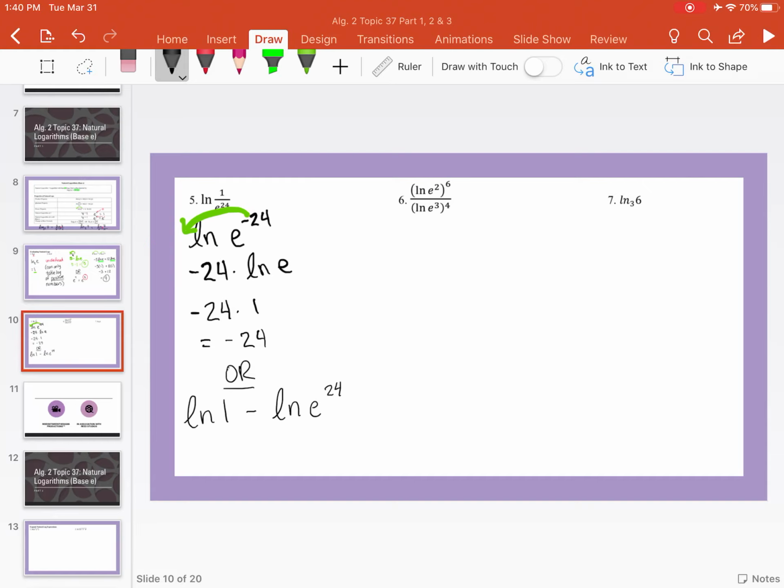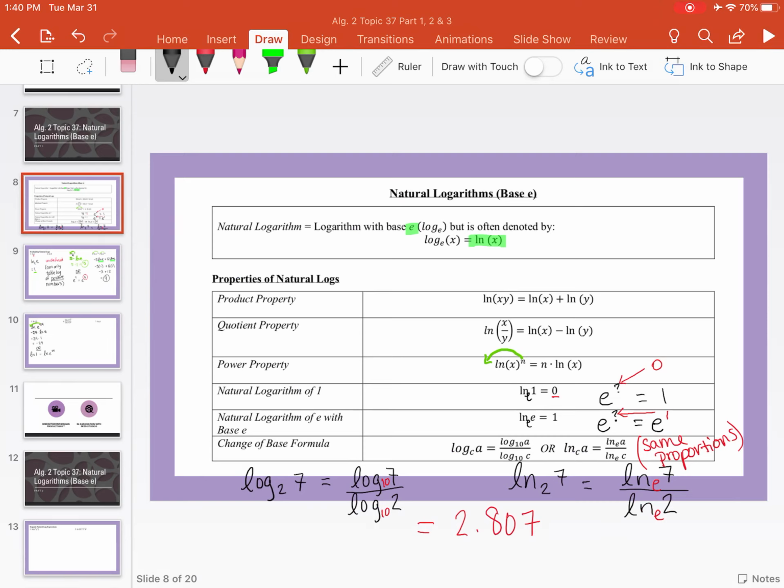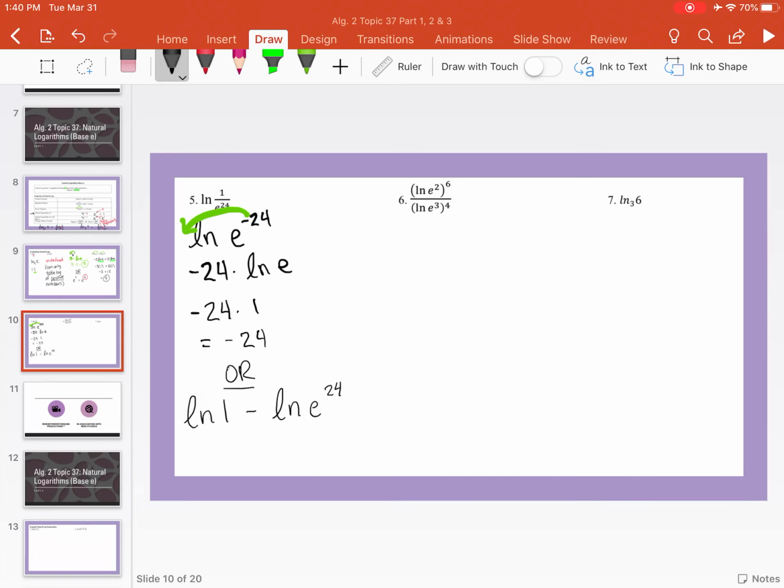We know, again, that ln of 1 gives us 0. So plugging in, we get 0. Now here, we can move our exponent down and get 24 times ln of e, which gives us 24 times 1. So we get 0 minus 24, which is negative 24. So you can do it either way with that problem.